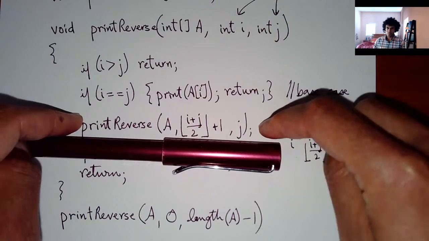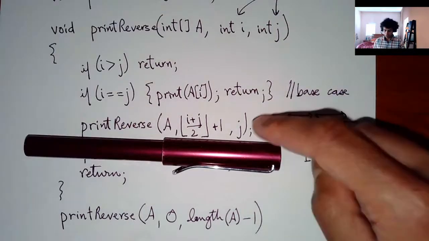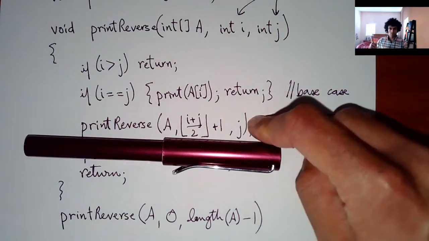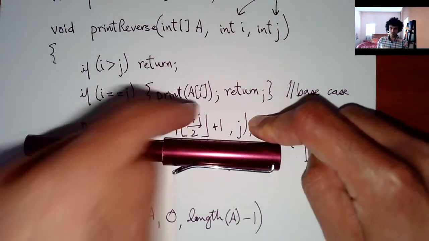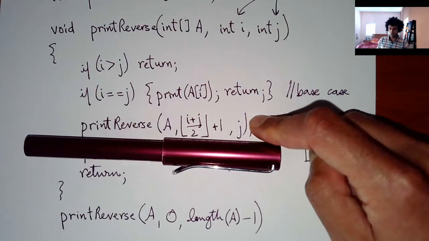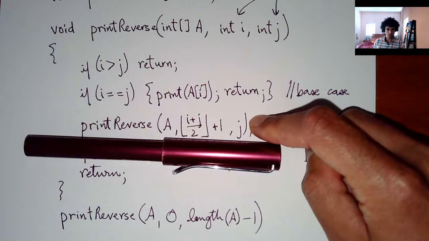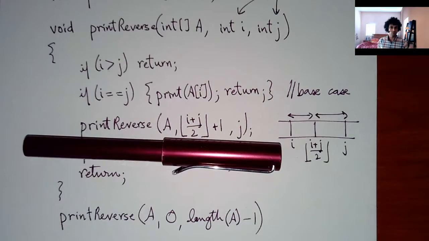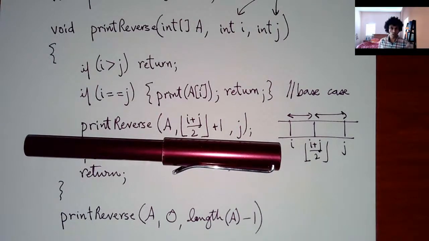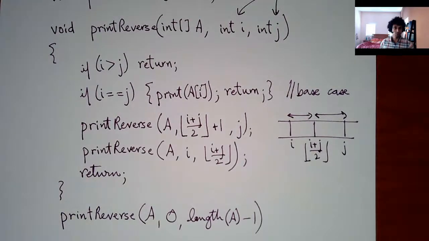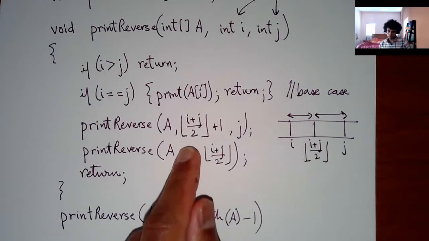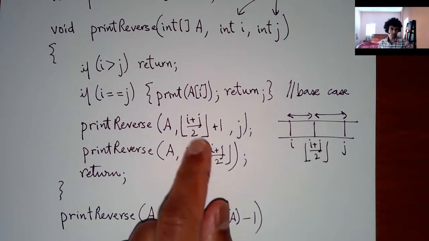This recursive call is going to go here and make another recursive call. The only thing constant is j. And this argument is just going to keep increasing until they both become the same. And then it's just going to print that and return, and that's it. So if you make one recursive call, it only prints the last character. You make both recursive calls and it prints everything. And it's important that you be careful with the indices here.